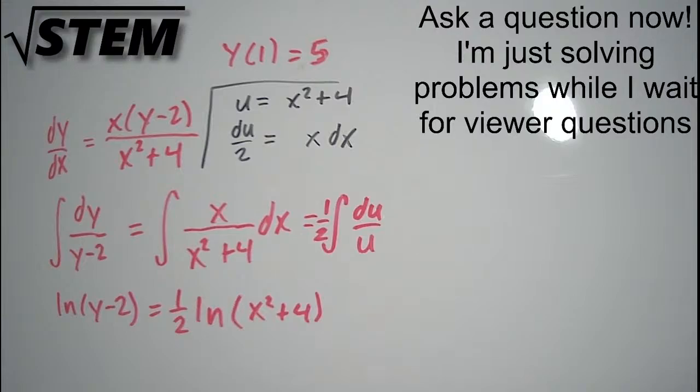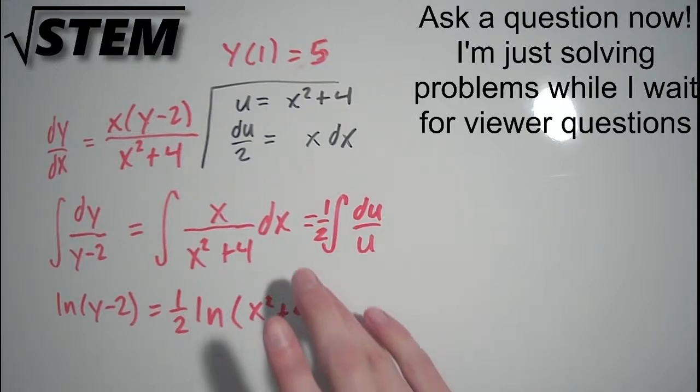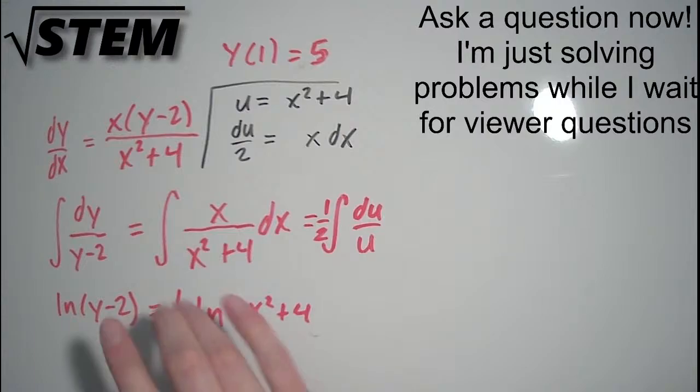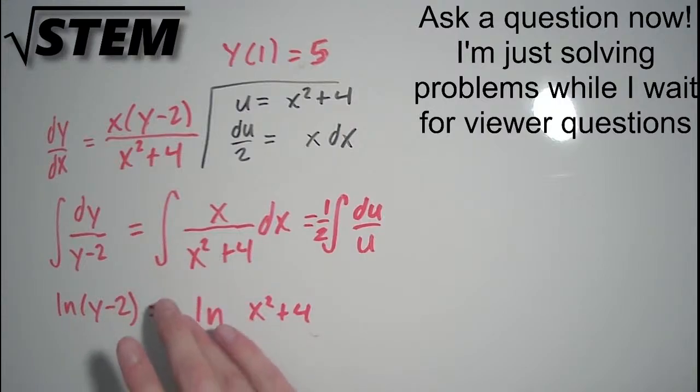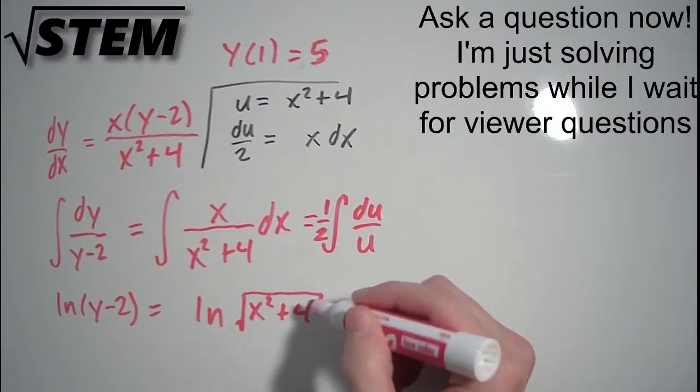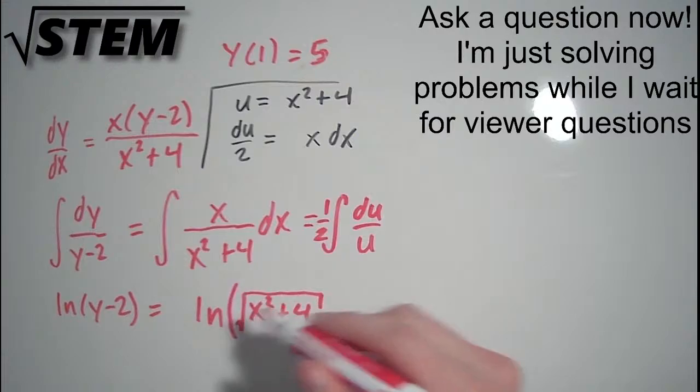exponentiate both sides. But if we can get rid of this 1/2, then we'll just instantly undo both of these natural log functions. So I'm actually going to use the natural log property where we can bring a multiple in front to the inside as an exponent for whatever's inside.